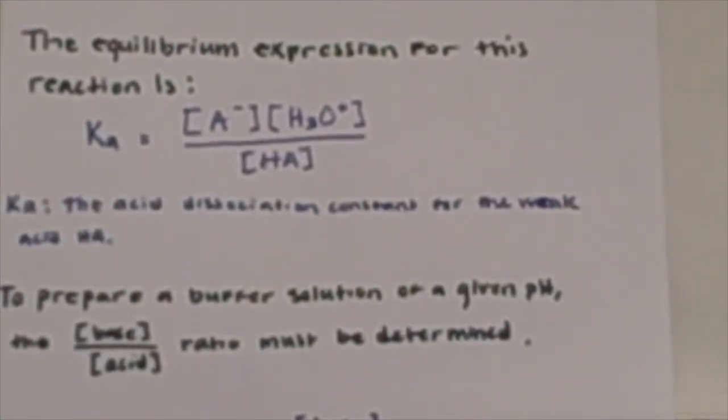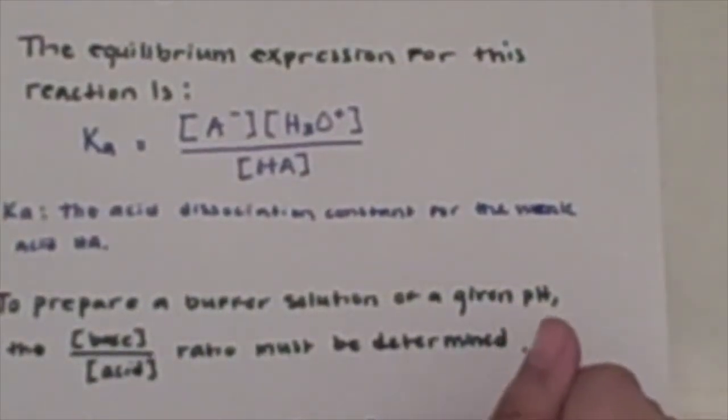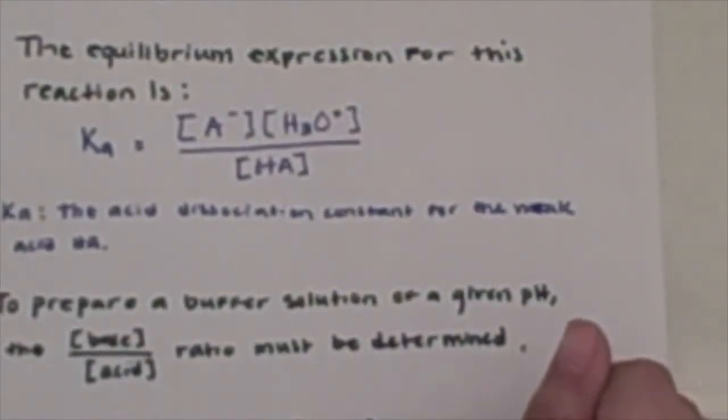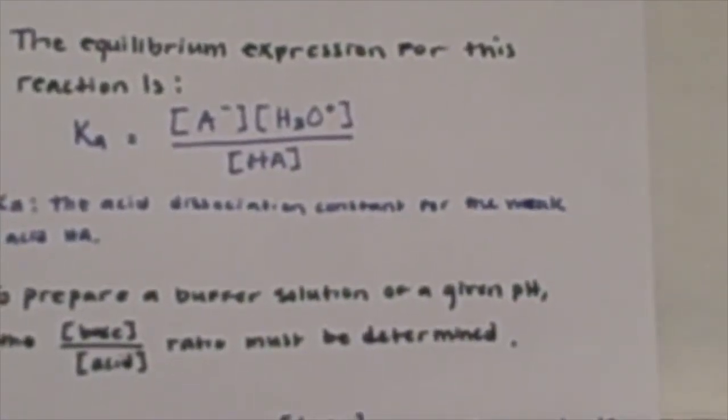From this equation, we'll take pKa, which is equal to the negative log of Ka. If we take pKa and add it to the log of base over acid, we should get the pH.